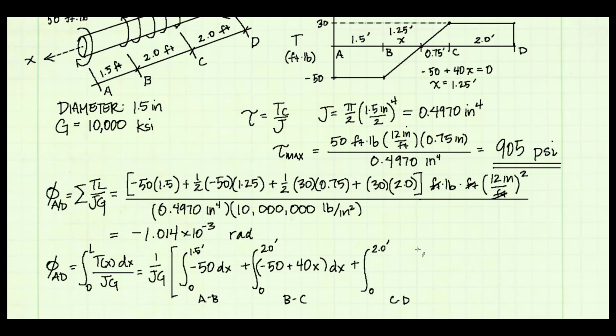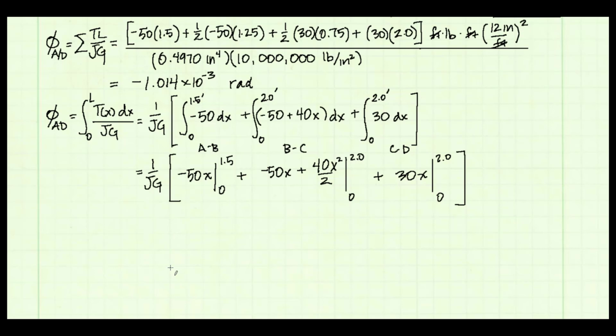From C to D, we just have a constant internal torque, 30 foot-pounds. So that is my equation. So now I can evaluate my three integrals, and I get that the net area under the three curves is negative 35. If we recall from before, pound-feet squared is the unit, so I need to multiply that by 12 inches per foot, squared, to convert into units of inch-pounds.